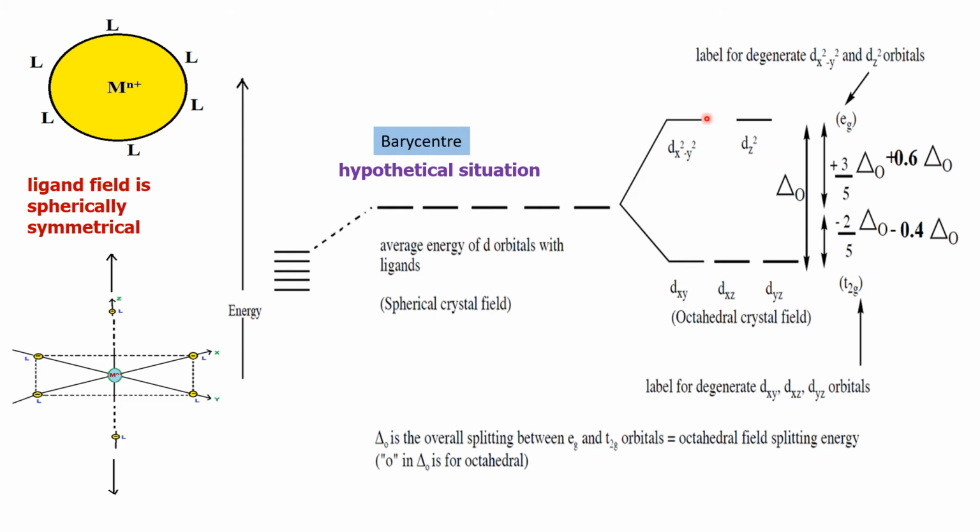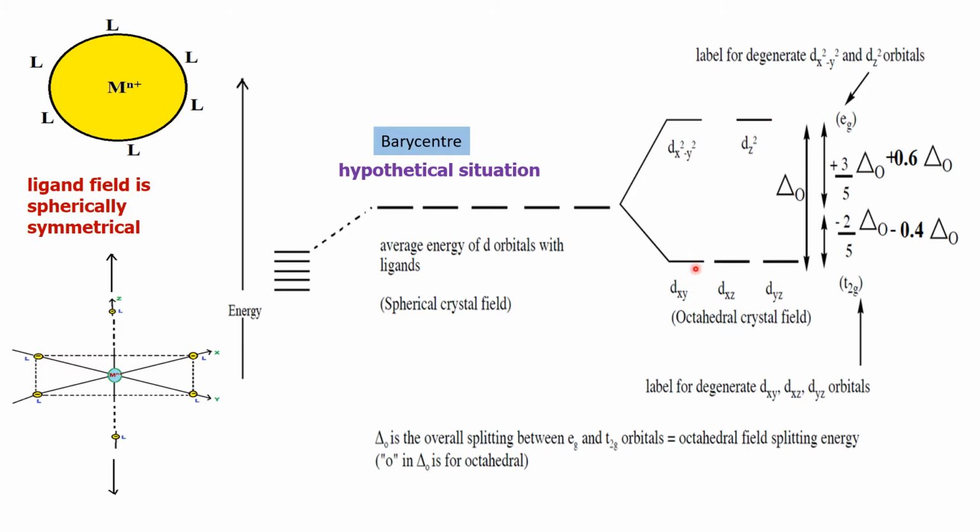Therefore, the T2G level is triply degenerate and lower in energy, and the EG level is doubly degenerate and higher in energy. The degeneracy of the 5d orbitals is removed under the influence of the ligands.